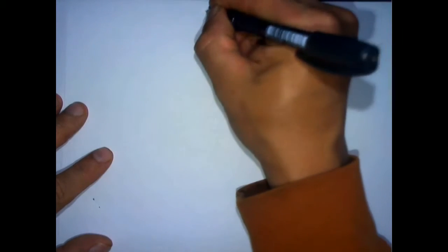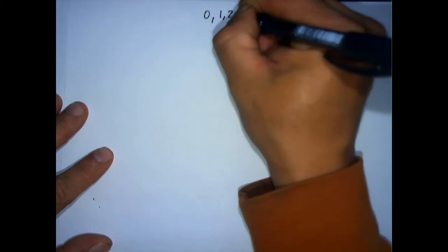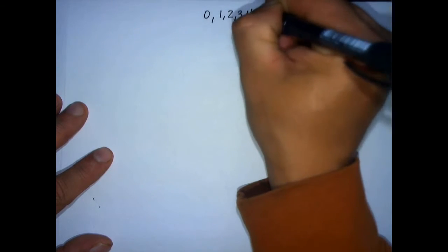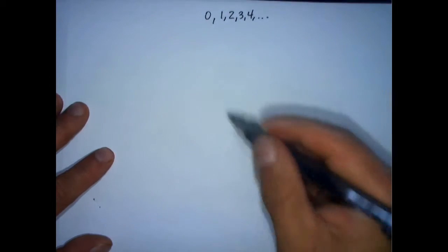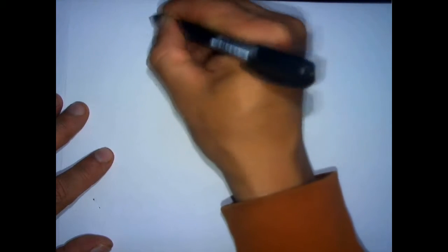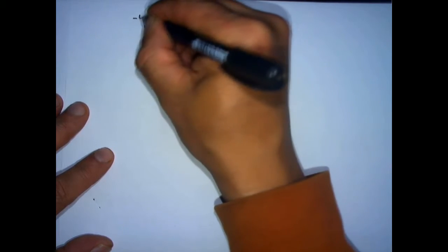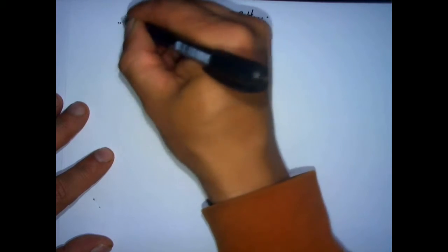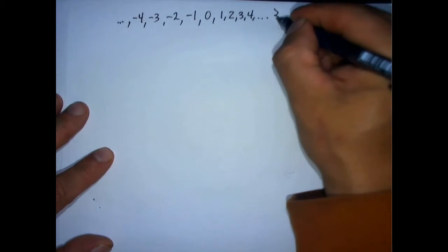And they did. They said, well, let's take the whole numbers and let's put their opposites in the same set. And this is another set of numbers.